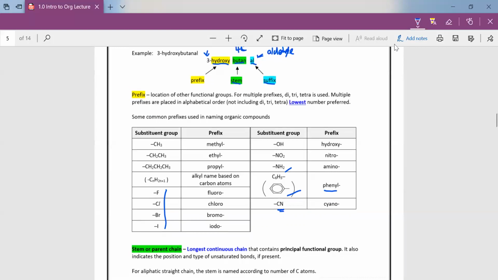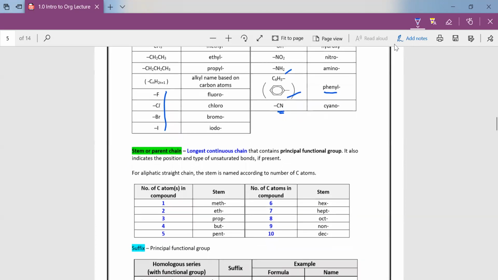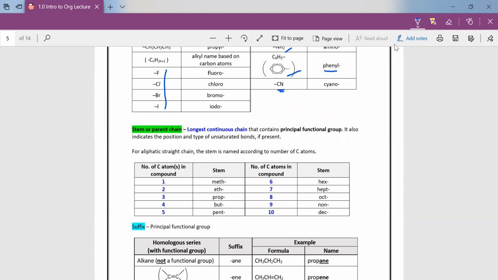The stem is the longest continuous carbon chain that contains the principal functional group. It will also indicate the position and type of unsaturated bond, if there are any. You are expected to know meth, eth, prop, but, pent, hex, up to hept, 7 carbon long.